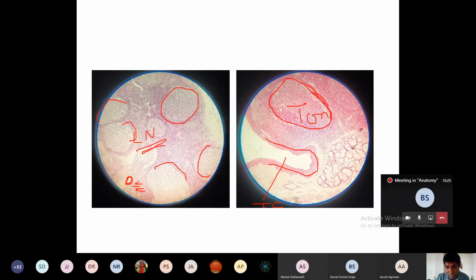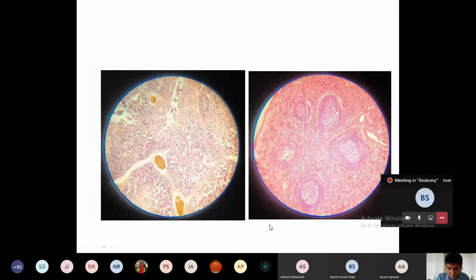See here, this one is the lymphatic follicle. You can also see some lingual gland part here, but this is not part of the lingual tonsil. It is lying quite deep into it. So these points you can write here, whatever I told. And the follicle and crypt you can write there.